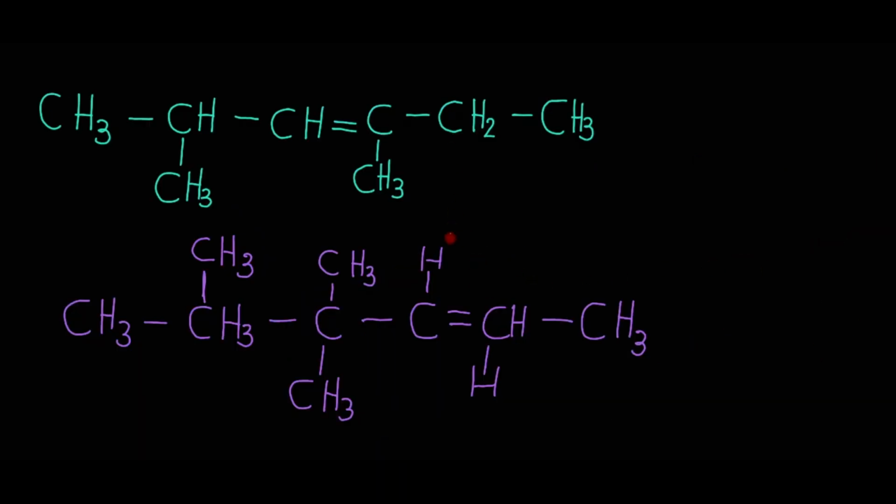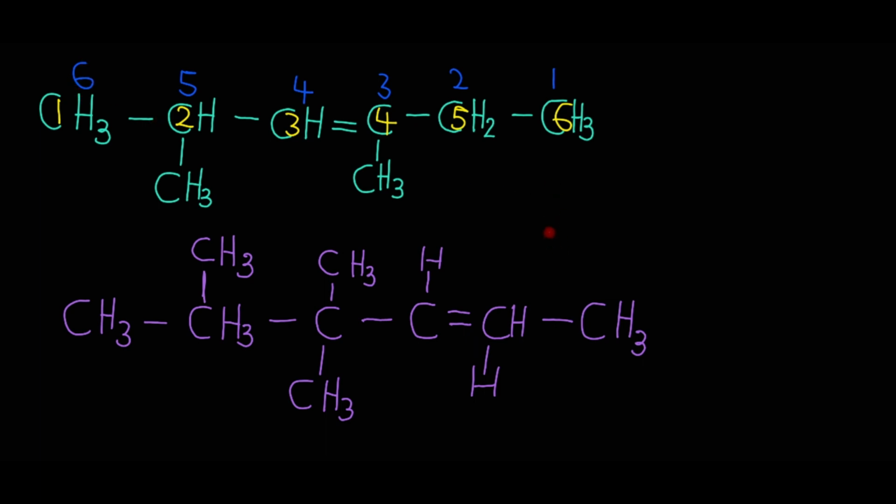And then now let's see this one. First, I find the longest chain. 1, 2, 3, 4, 5, 6. And then now let's count from right to left. 1, 2, 3, 4, 5, 6.